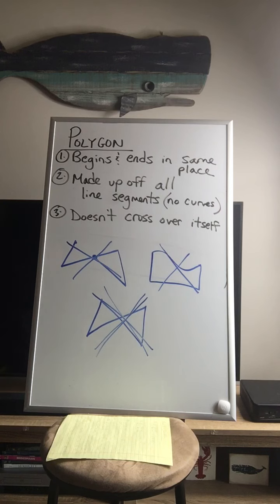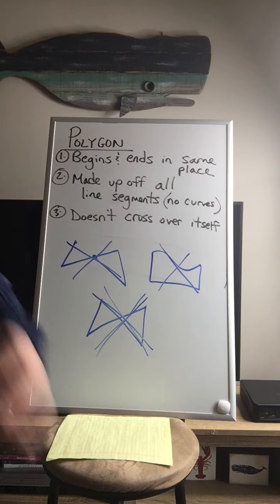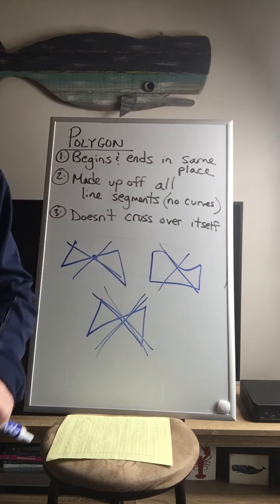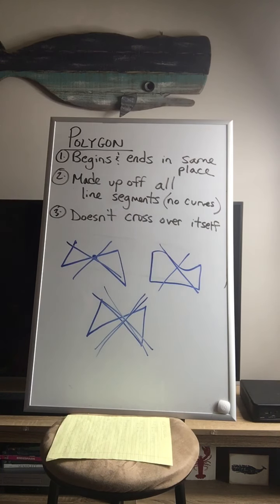So most things that you can think of, triangles, rectangles, other types of quadrilaterals, pentagons, octagons, those are all polygons, because they all meet this criteria. They begin and end in the same place, they're made up of all line segments, there's no curves in them, and they don't cross over themselves, okay?